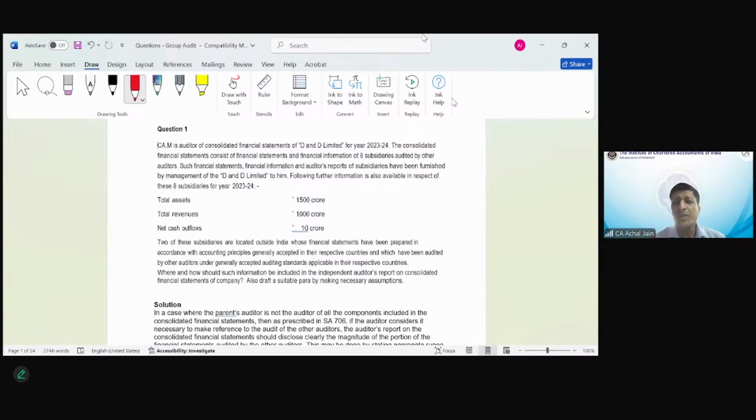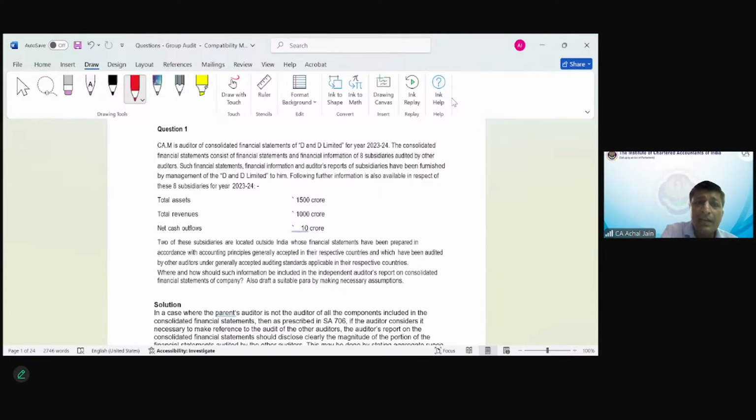The following further information is also available in respect of 8 subsidiaries: total assets, total revenues, net cash outflows. 2 of these subsidiaries are located outside India, whose financial statements have been prepared in accordance with accounting principles generally accepted in their respective countries.